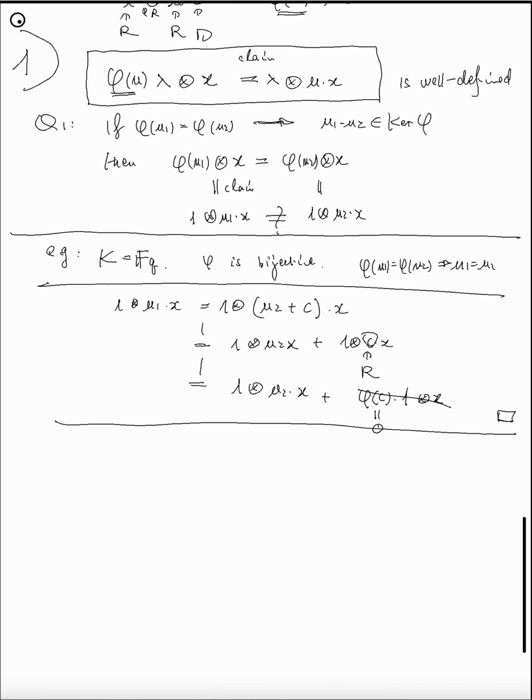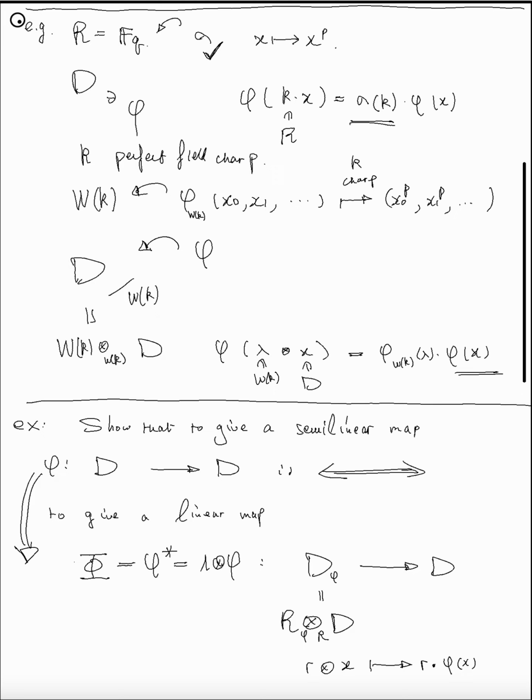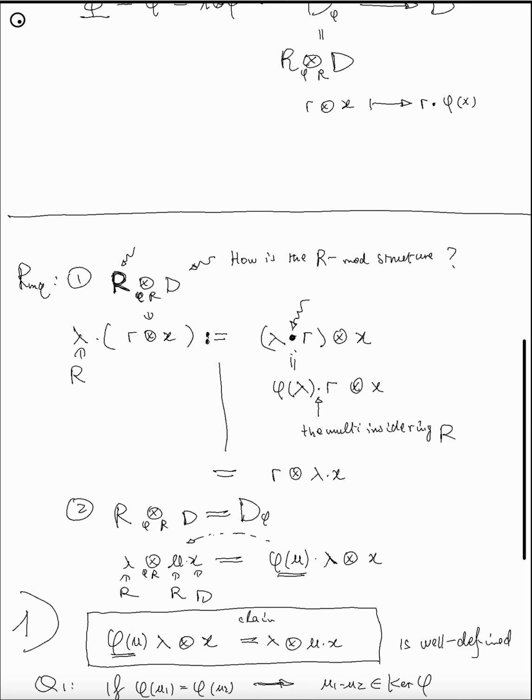Okay, so before we prove that, let's give one more remark. So this linearization, as its name indicates, is a linear map.